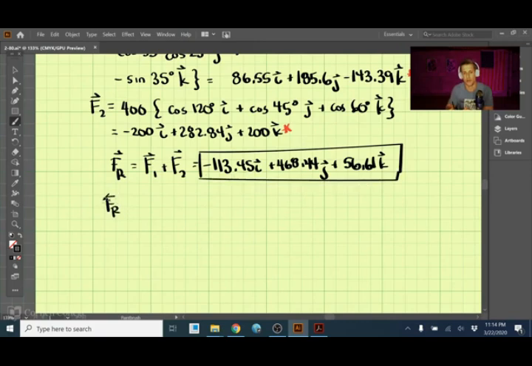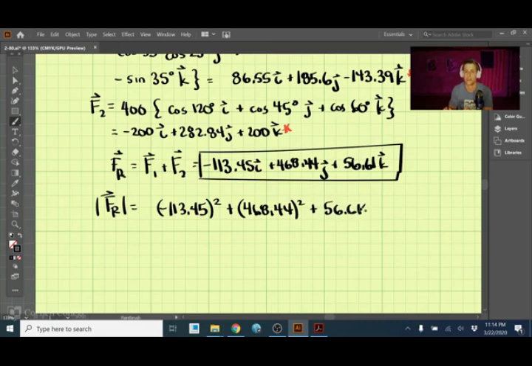So FR, the magnitude of that is just the sum of the squares of all these components and taking the square root of that. So we have a negative 113.45, that value squared, plus 468.44 squared, plus 56.61 squared.